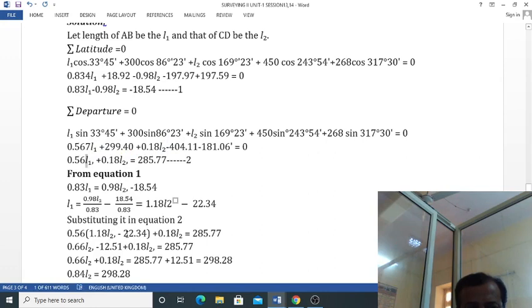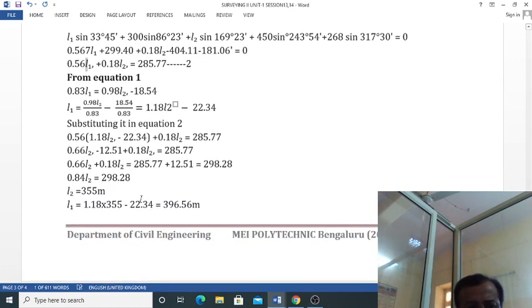If you simplify it, 0.56 into minus 22.34 gives minus 12.51, and 0.56 into 1.18 L2 gives 0.66 L2, plus 0.18 L2 is equal to 285.77. Finally, after simplification, the value of L2 is 355 meters.